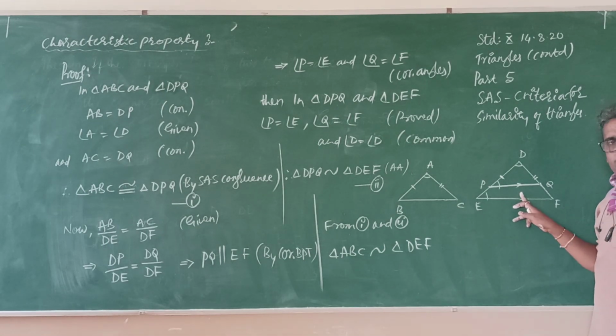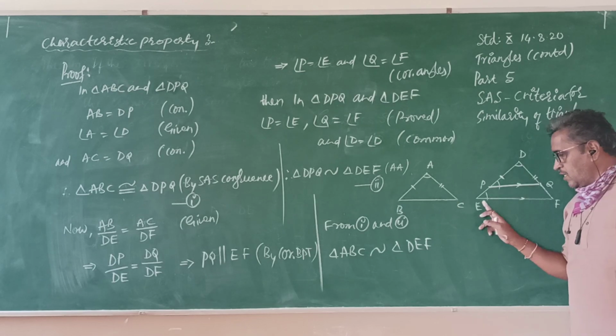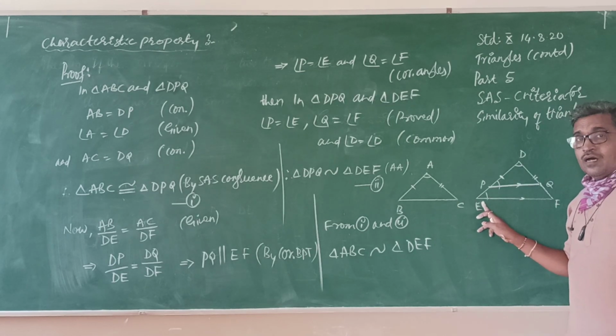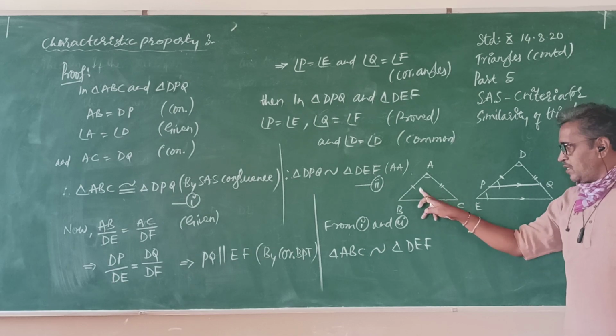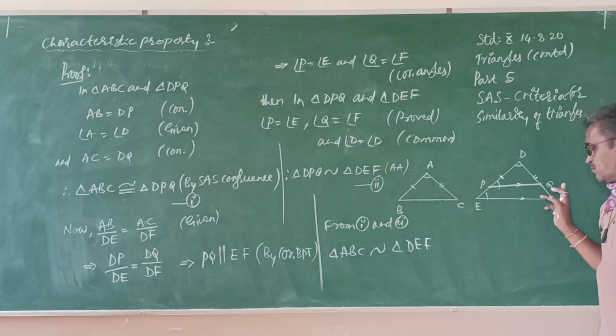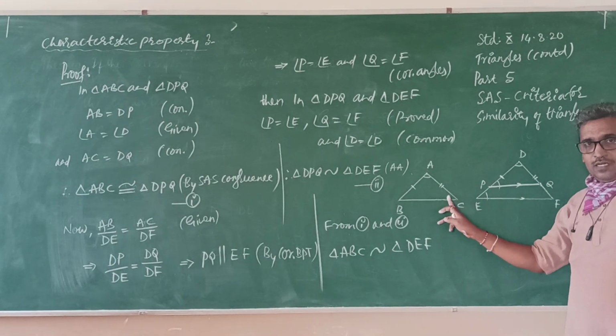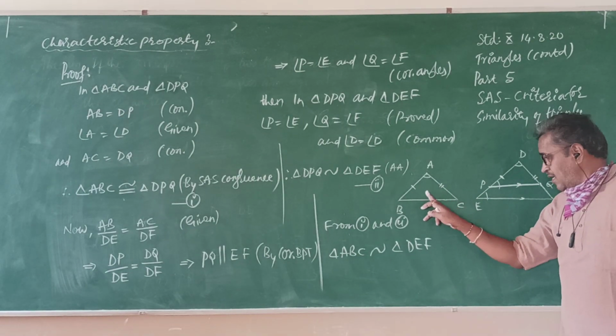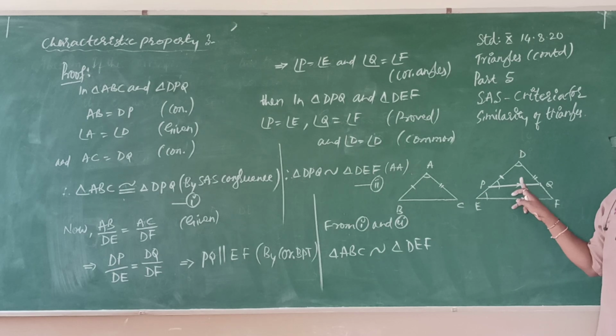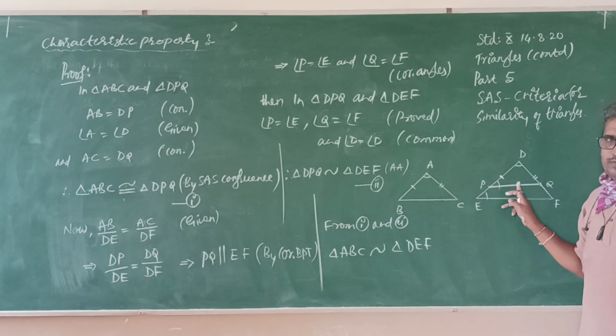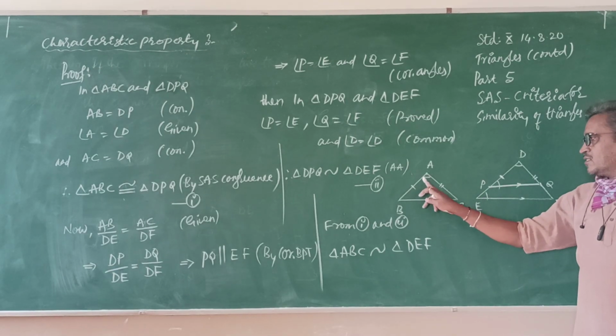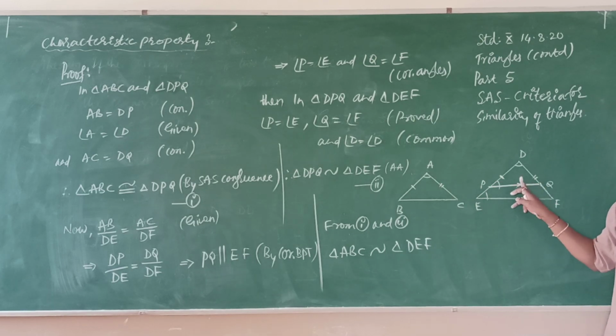The important point: P is marked on DE such that DP equals AB, and Q is marked on DF such that DQ equals AC. Considering this triangle and the former triangle, show them congruent. By SAS, these two triangles are congruent.